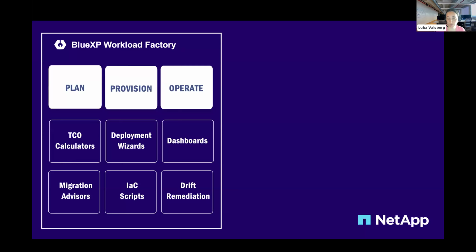We have different scripts that you can take and implement within your automated processes. And we also have recommendations to identify and fix different drifts throughout the life cycle of the environment.